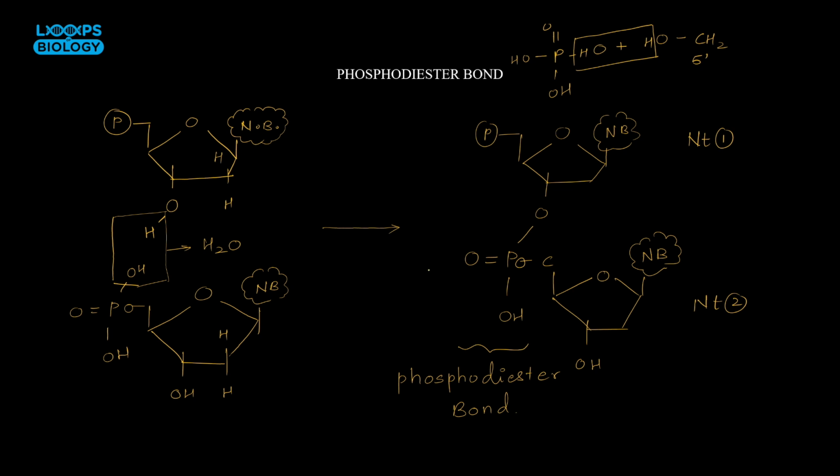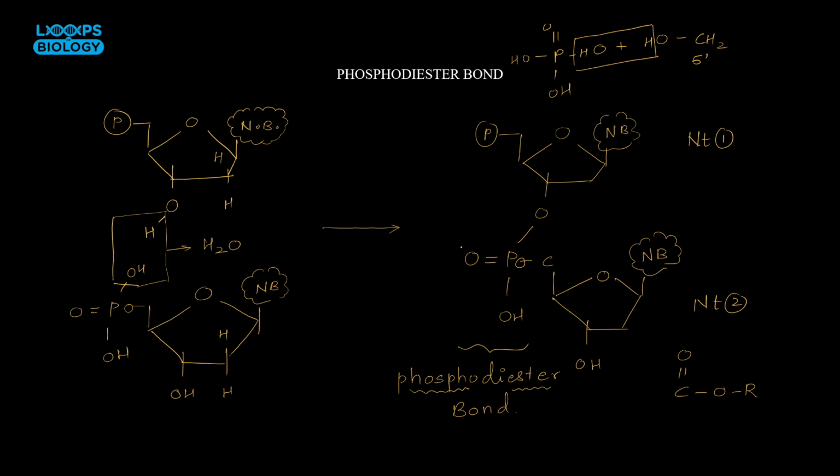Why is it called phosphodiester? Can anyone guess? As we know, what is an ester linkage? That is C double bond O, O, R. Right? In this particular case, there is the presence of a phosphate group.